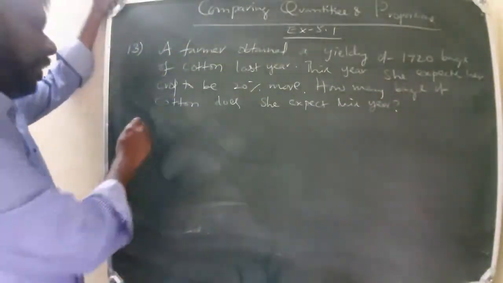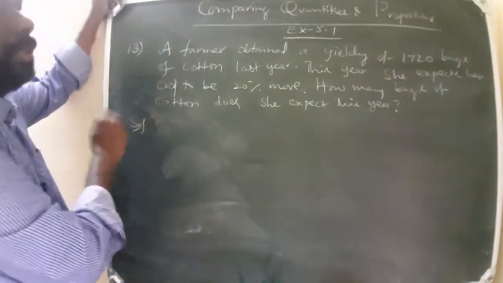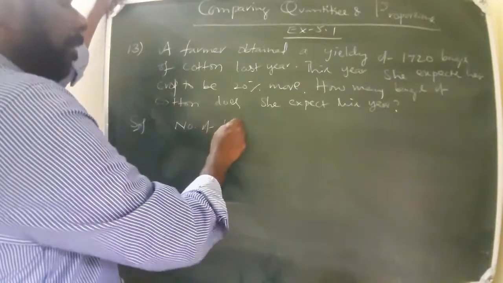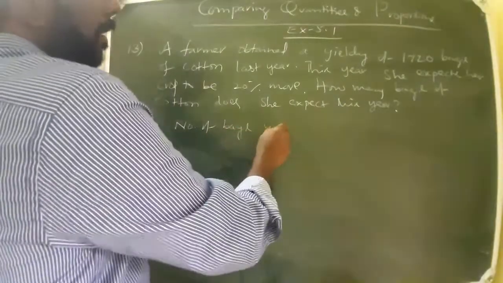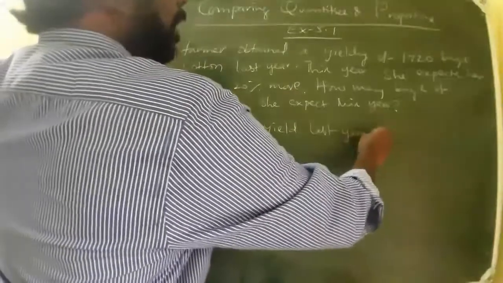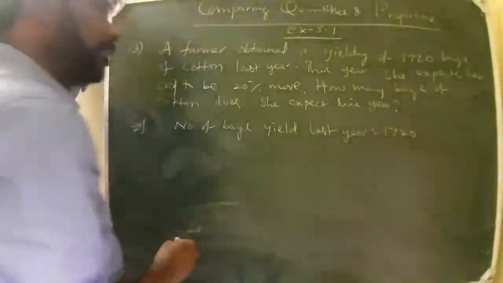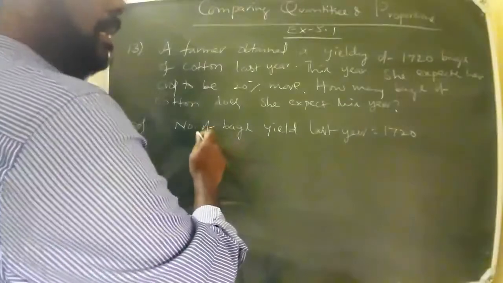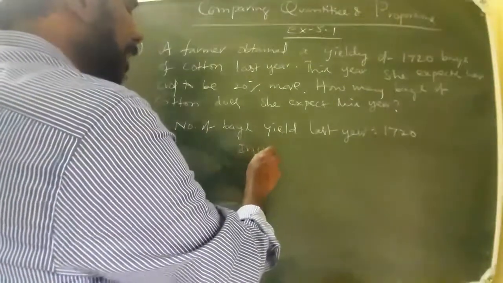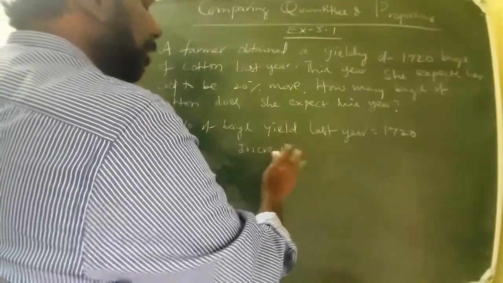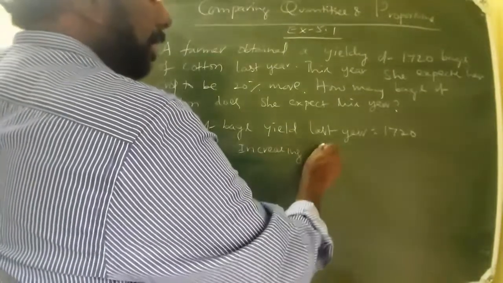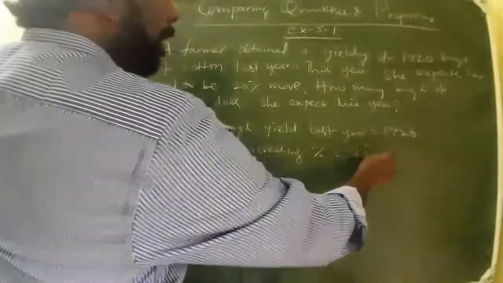Okay, here the number of bags yielded last year is 1720. So now the crop is increased. The increasing percentage is equal to 20%.